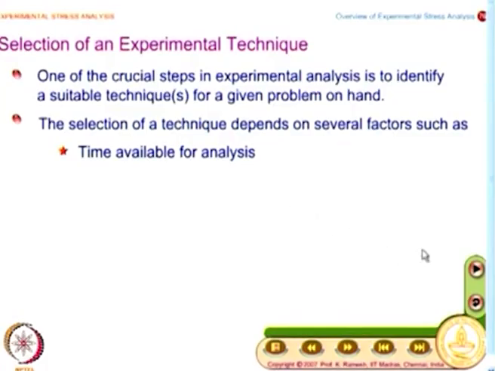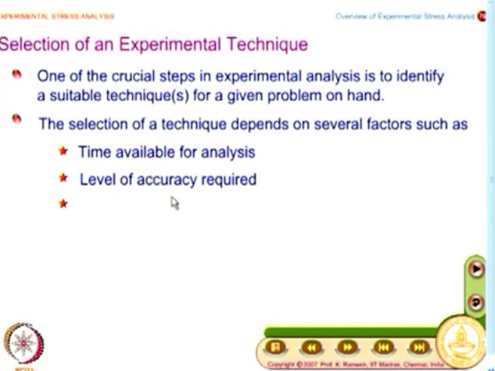So, the time available for you to do the analysis is one of the very important factors that you should consider. Then you have the level of accuracy, that is what I said. If you want a higher level of accuracy, then you will require more time to do it.